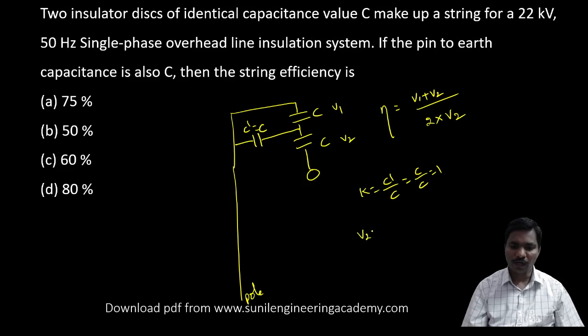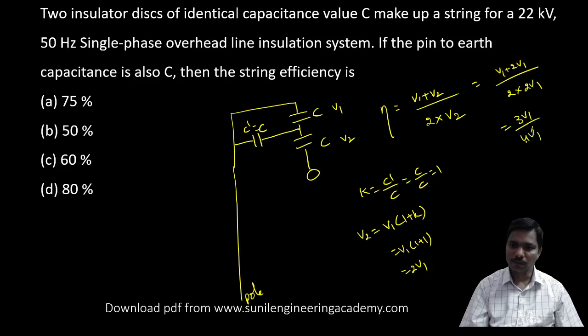We know very well V2 is equal to V1 into 1 plus K. So V1 into 1 plus 1, that is 2V1. So V2 is equal to 2V1, in the sense V1 plus 2V1 by 2 into 2V1. So 3V1 by 4V1, V1 and V1 cancel. 3 by 4 means 0.75, so that is 75%.